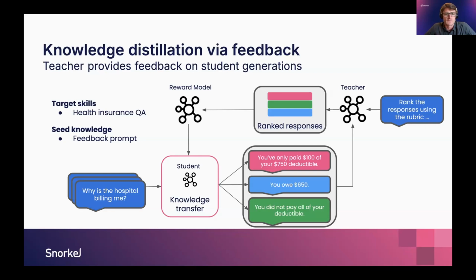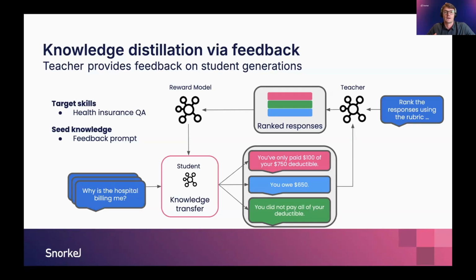So just walking through this example, we're going to prompt the student potentially multiple times with the same input to generate multiple outputs. These multiple outputs are provided to the teacher, which ranks the responses in this example. And these ranked responses are used to train a reward model. So this is where distillation happens.